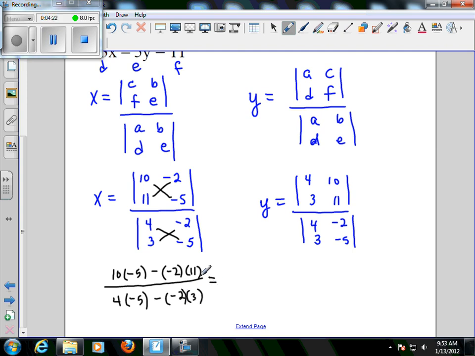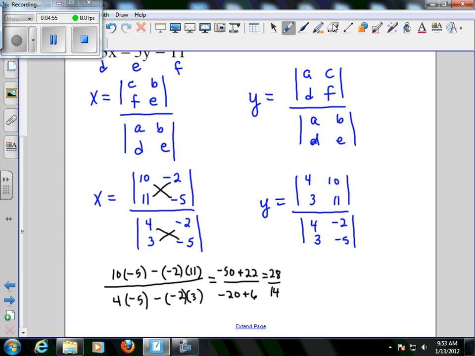If we do this out, 10 times -5 is -50. Two negatives here make a positive, so 2 times 11 gives us 22. And 4 times -5 gives us -20. Negative times a negative is a positive, of course. So 2 times 3 is 6. So we end up with 28 over 14, which gives us 2.